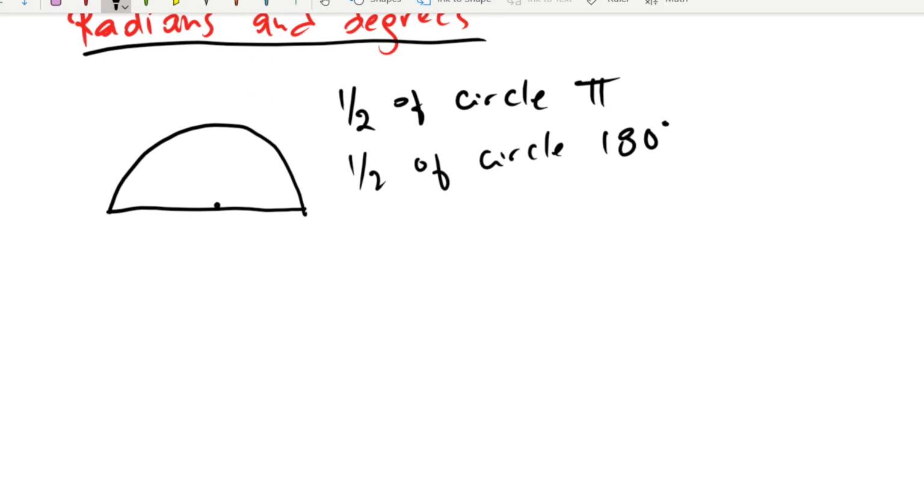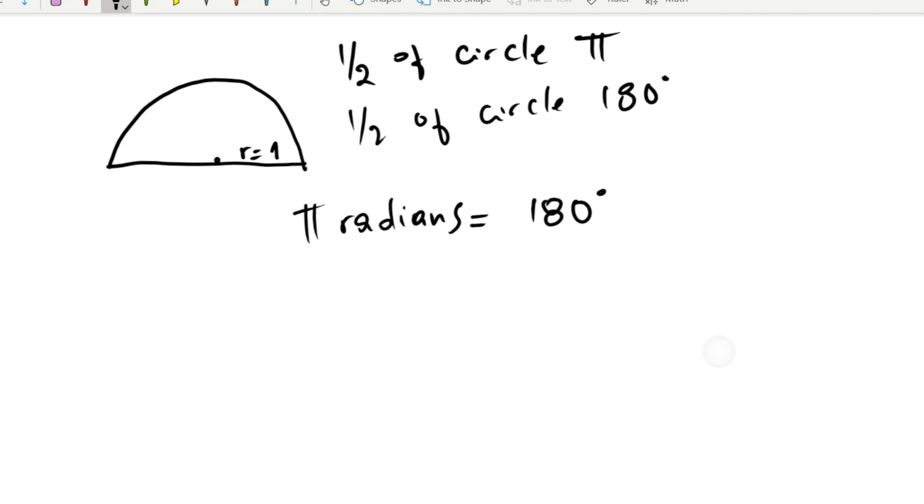So we know pi radians. Remember, the radius here is equal to 1. It's a unit circle. So pi radians is equal to 180 degrees, like you saw here.